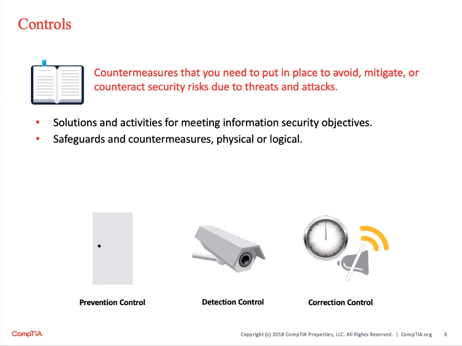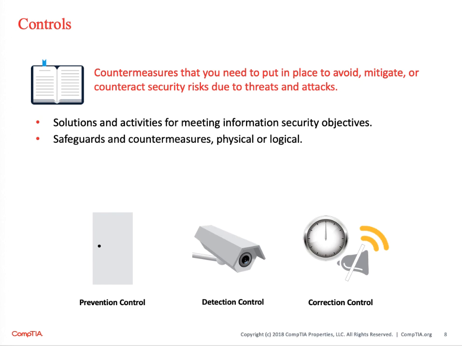So, in other words, these are the solutions and activities that enable an organization to meet the objectives of our security strategy, right? To make sure that we are actually secure. So, controls can be logical or physical, and they're broadly classified into three different realms, right?